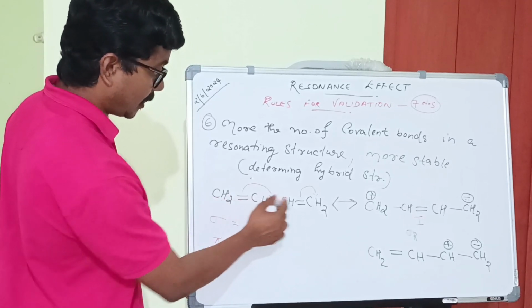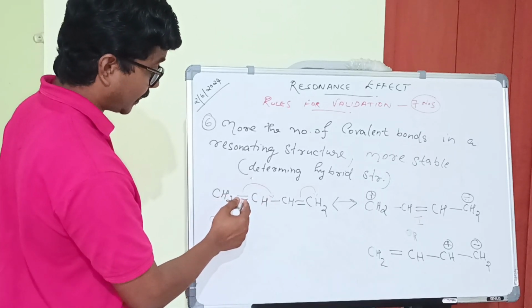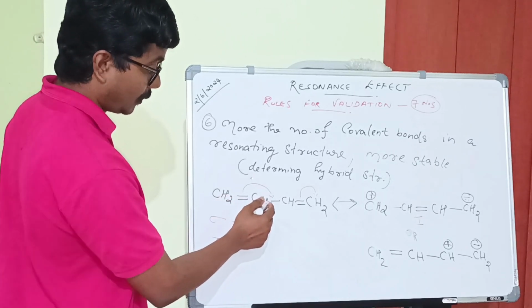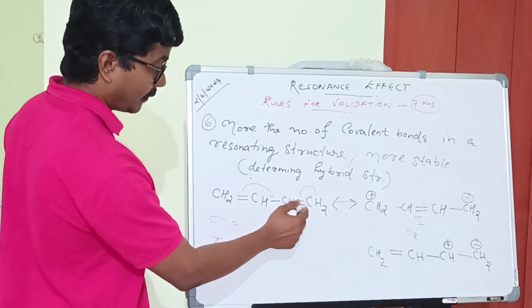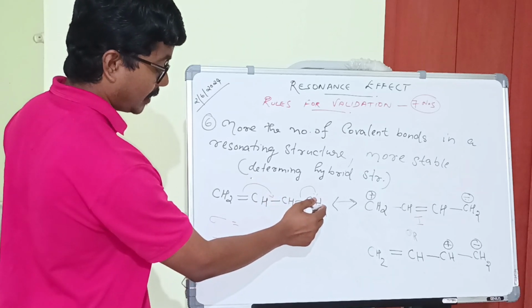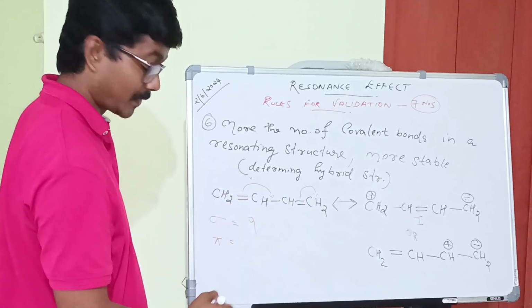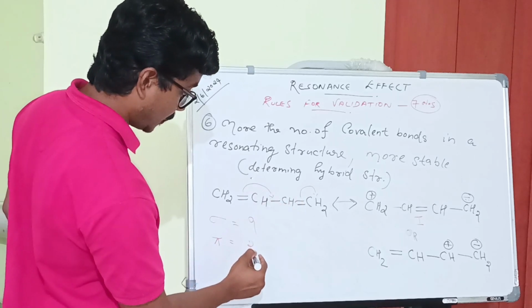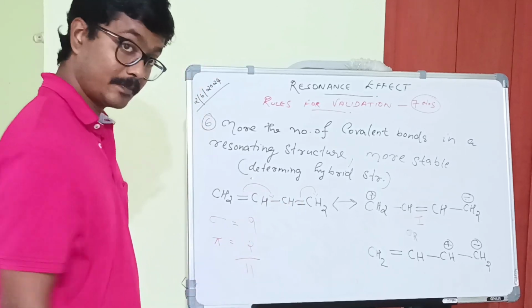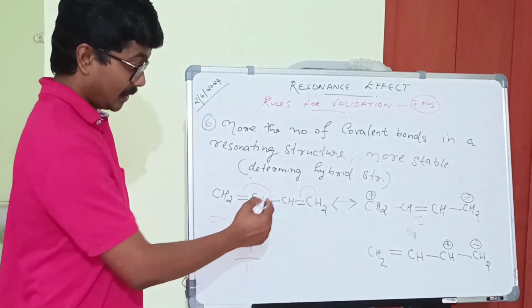Here, the total number of sigma bonds is 2 plus 1, 3, 4, 5, 6, 7, 8, and 9. Okay, 9. And pi bonds, 1 and 2. So the total will be 11. Okay, the total number of covalent bonds is 11.